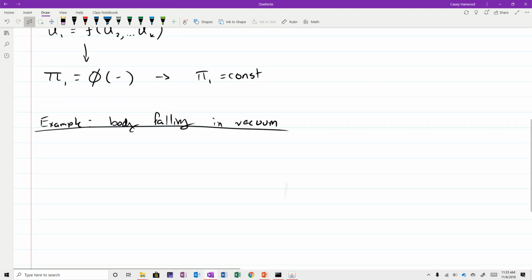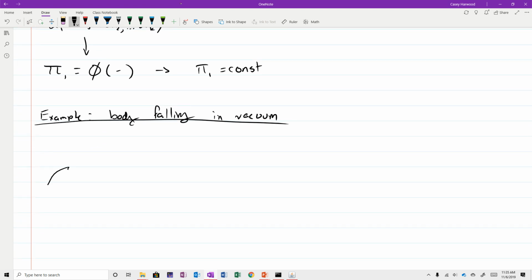We've got some arbitrarily shaped body, with gravity acting vertically downward. This body we'll assume is solid.